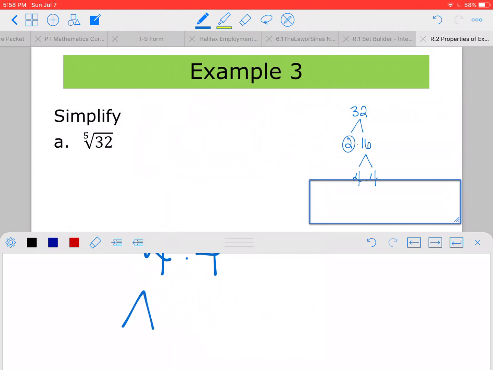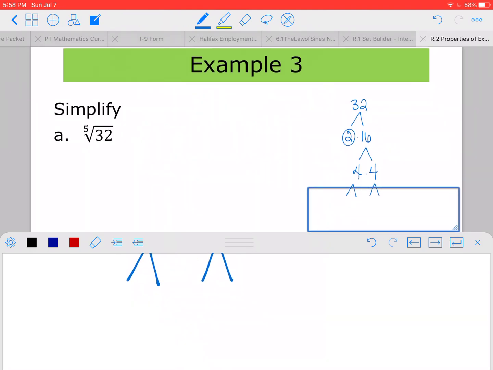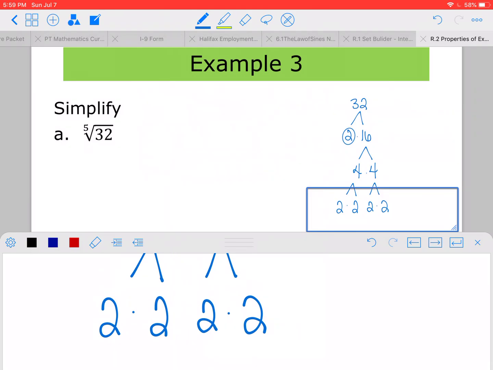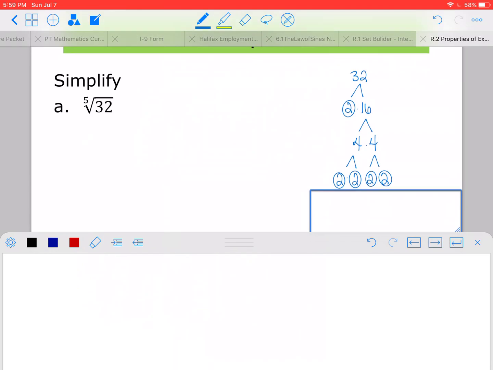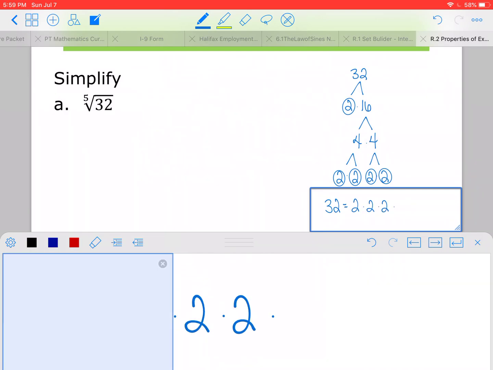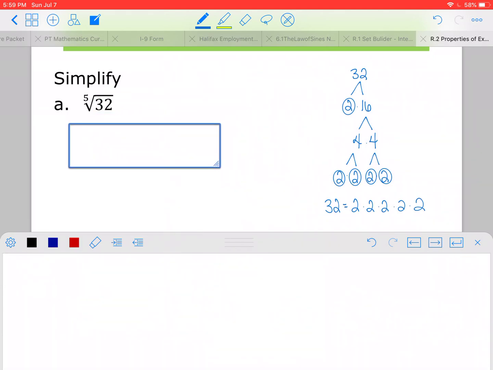That can keep going. 4 times 4 is 2 times 2, and times 2 times 2. And as far as those 2's can go, we circle them. And so what we've found here is that 32 is, all those 2's circled, 2 times 2 times 2 times 2 times 2, which is convenient.